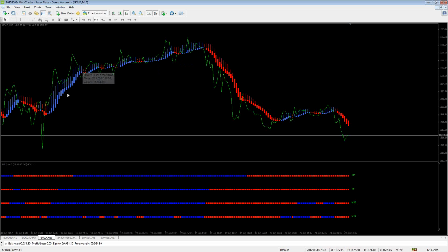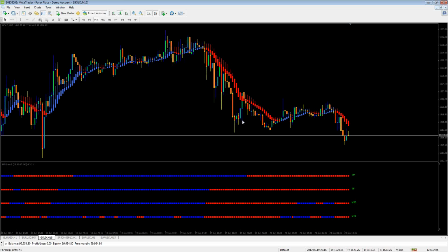It gives us the direction according to the colors and the strength or the momentum with the size of the candle body. If the body of the candles is big, the bigger the body and the smaller the wicks, the stronger the trend. So for example, here you can see a strong trend.